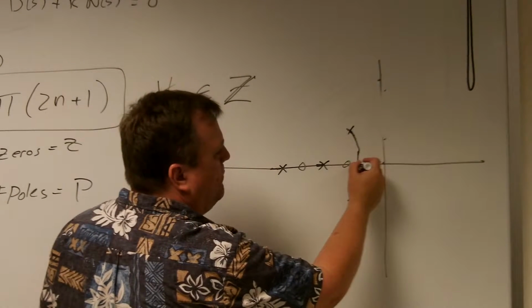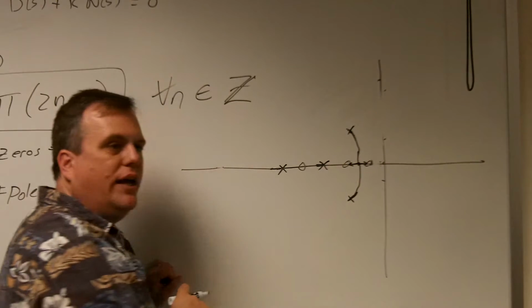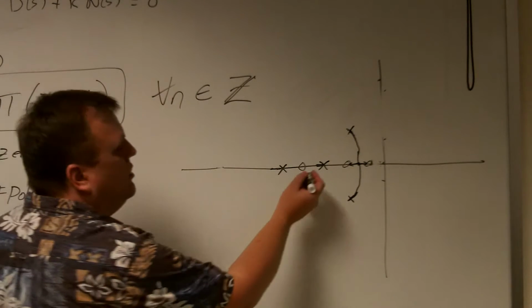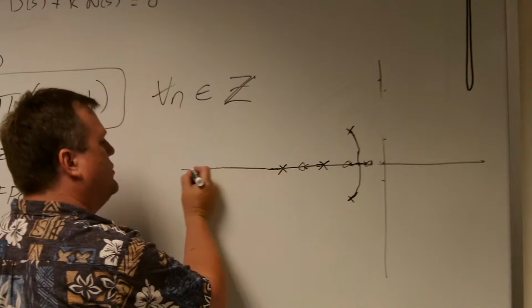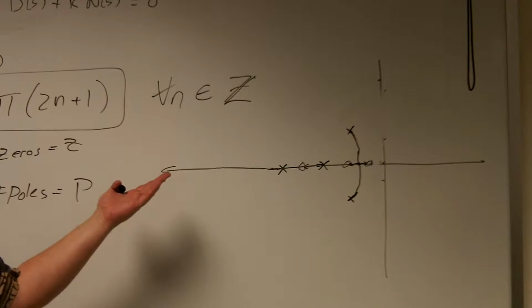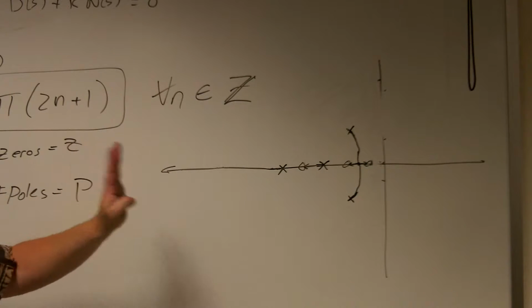And then they will bump into each other for a brief second, and one will go this way and the other will go that way, ending up at those two. This one is going to just keep on going right till it hits here, and this one's going to keep on going, running off to infinity. So that's what this particular graph is going to look like. I will show you the rules in a sec.